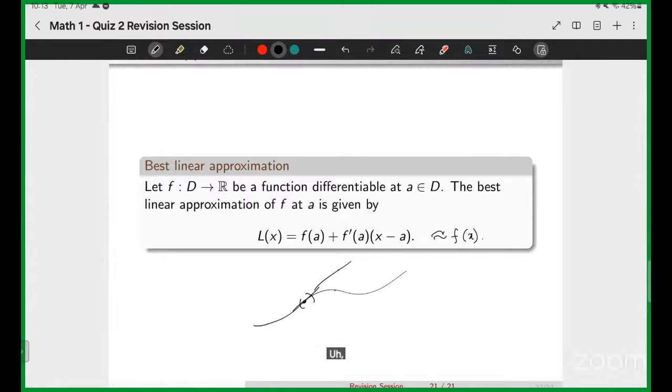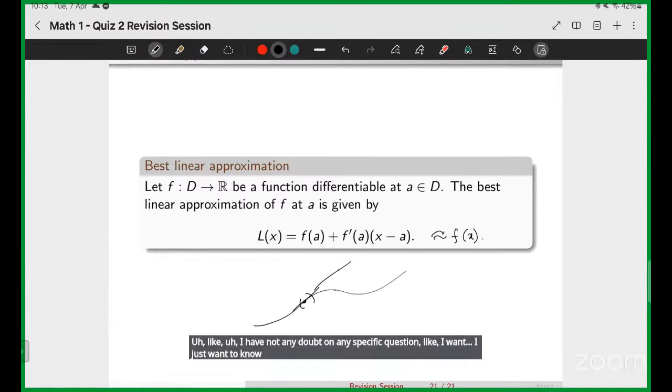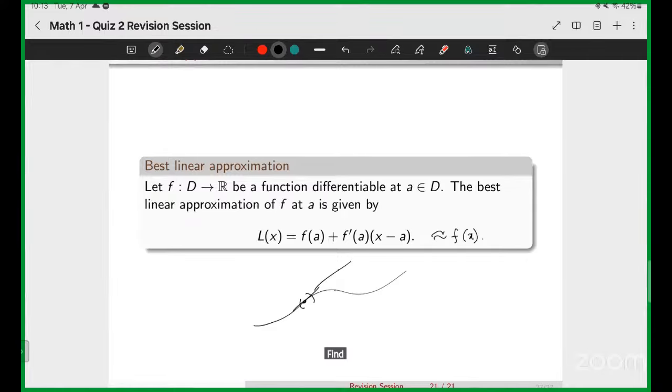I don't have any doubt on any specific question. I just want to know what is the mathematical approach to find the asymptote. I don't think this is discussed anywhere. It is there in the course, and some questions were also there.